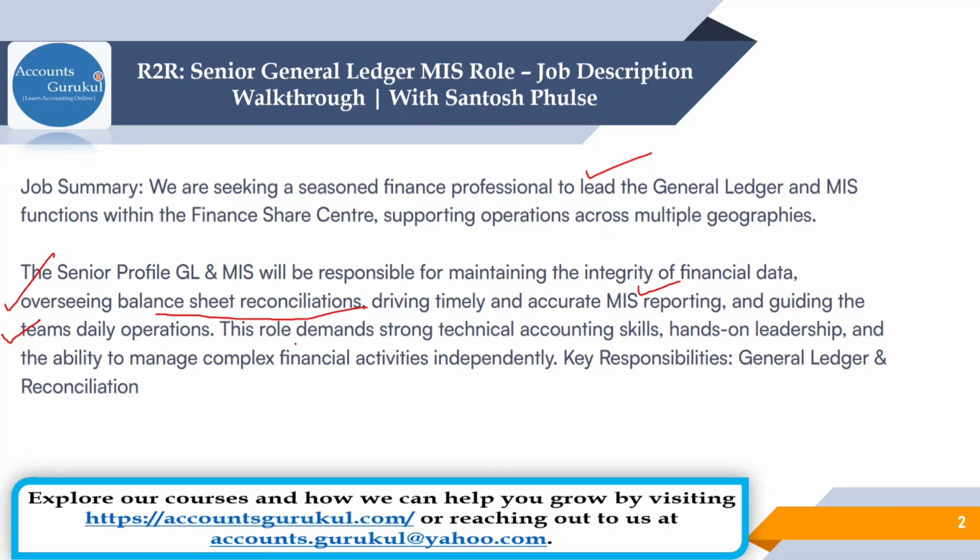Your downline team is going to prepare them, and you are going to do the oversight. You are going to do the review of that. You are going to do the in-depth analysis of those prepared reconciliations.